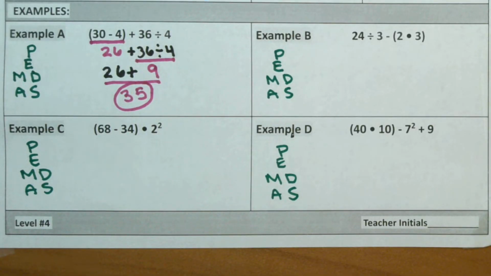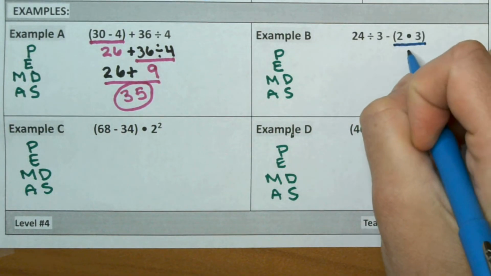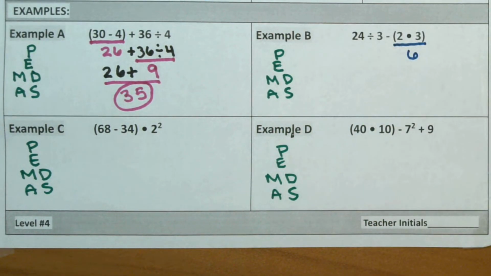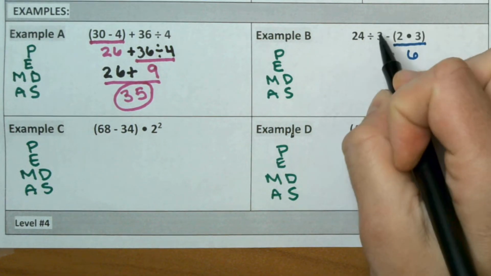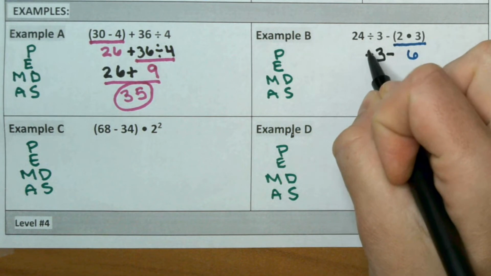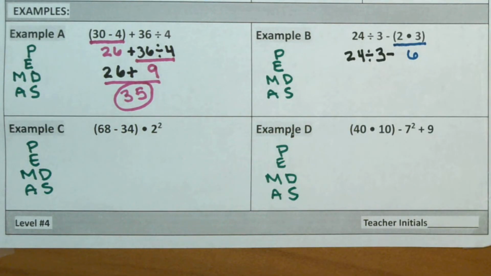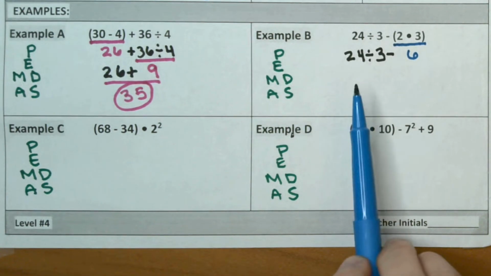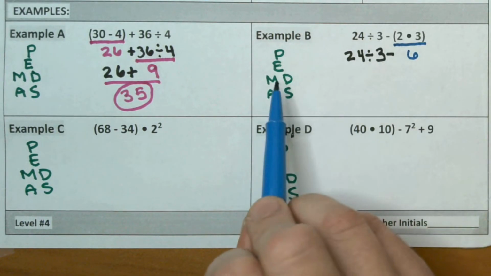All right, for example B, our first step is to underline parentheses. 2 times 3 is 6. Check to make sure, did you neatly bring down everything right beneath where it's written? You should have 24 divided by 3 minus 6 in your second row. Then ask yourself, what's more powerful, division or subtraction?